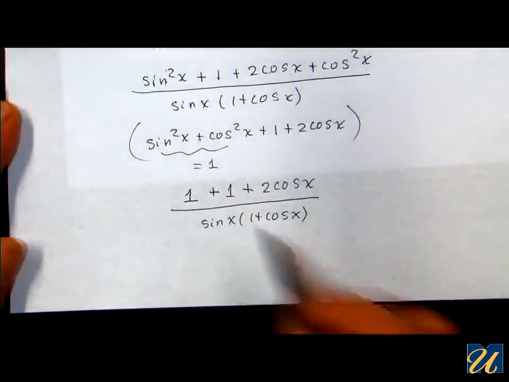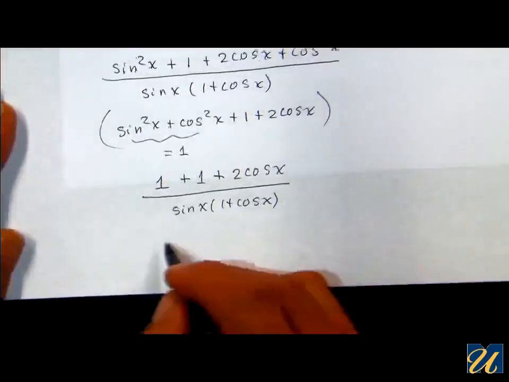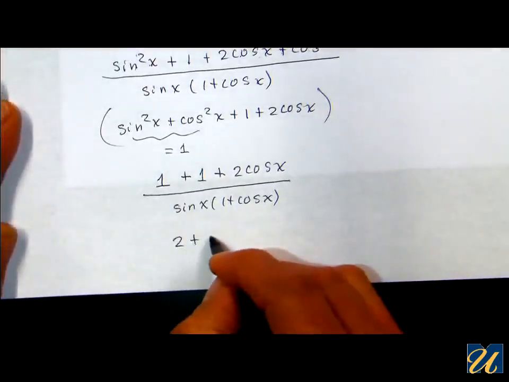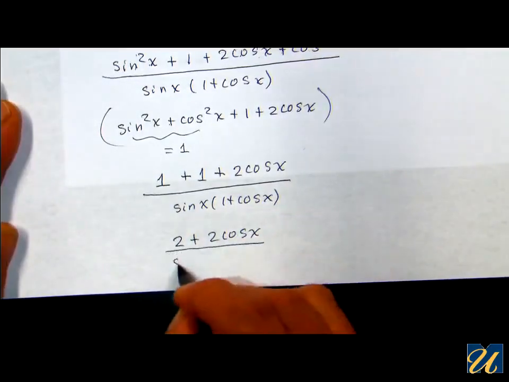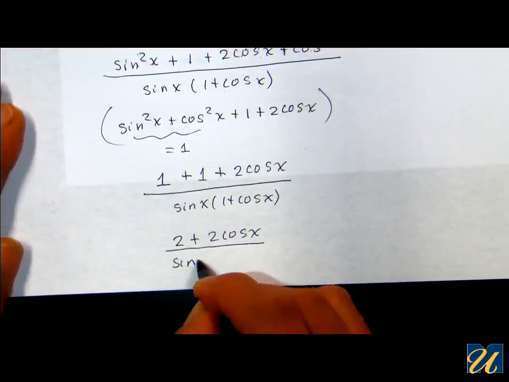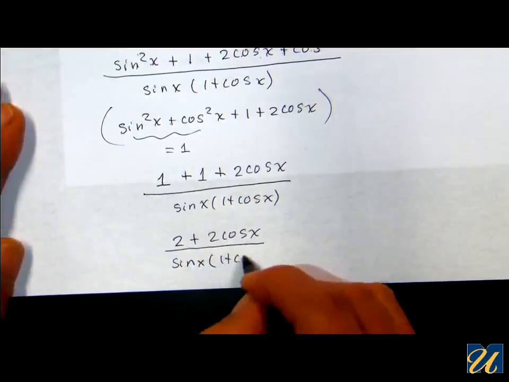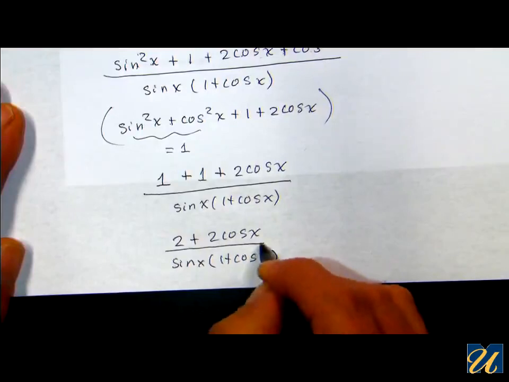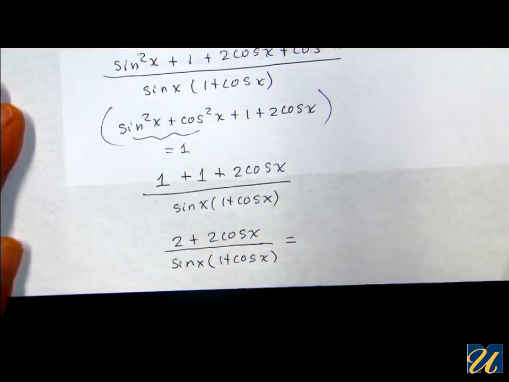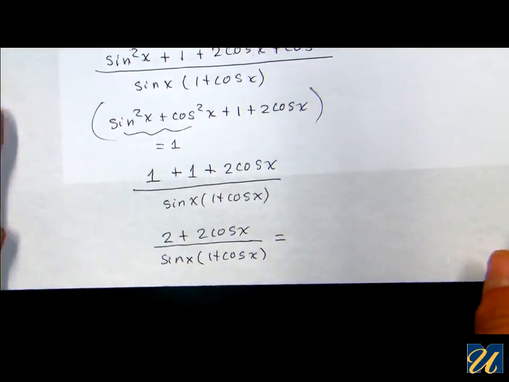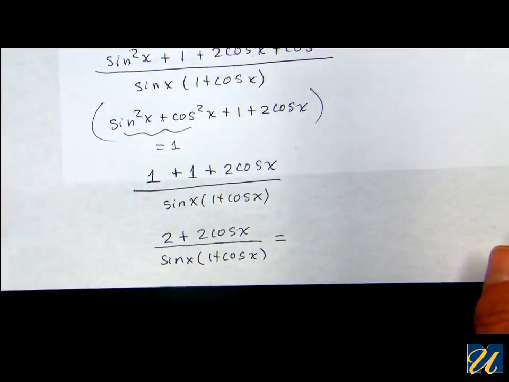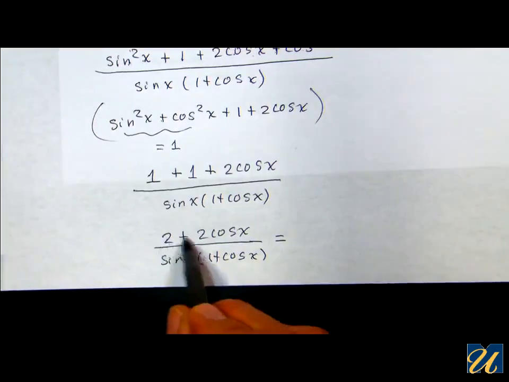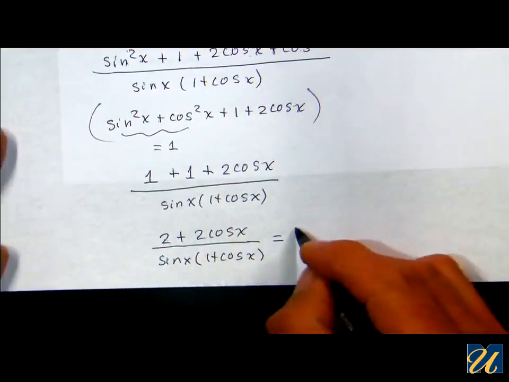Okay. And now 1 plus 1 is 2. Okay, so this is 2 plus 2 cosine of x over our denominator, sine of x times 1 plus cosine x. Look at that. Now what? Well, we could factor out a 2 since it's common to both terms.